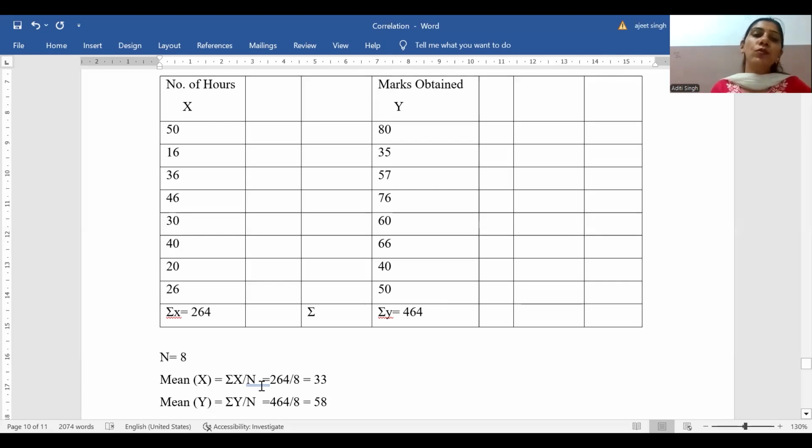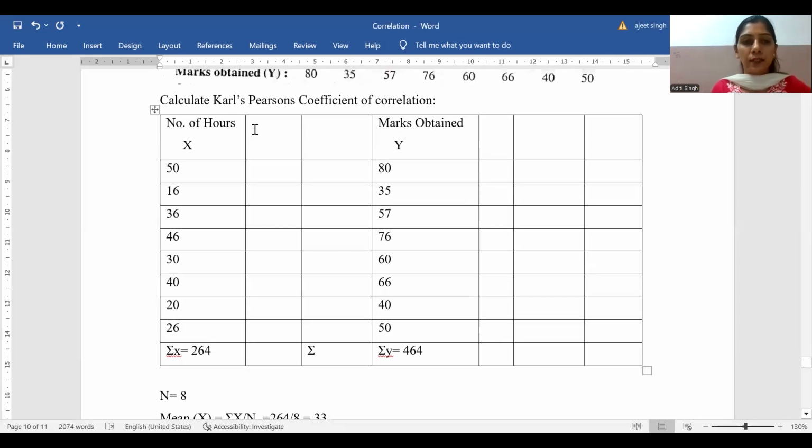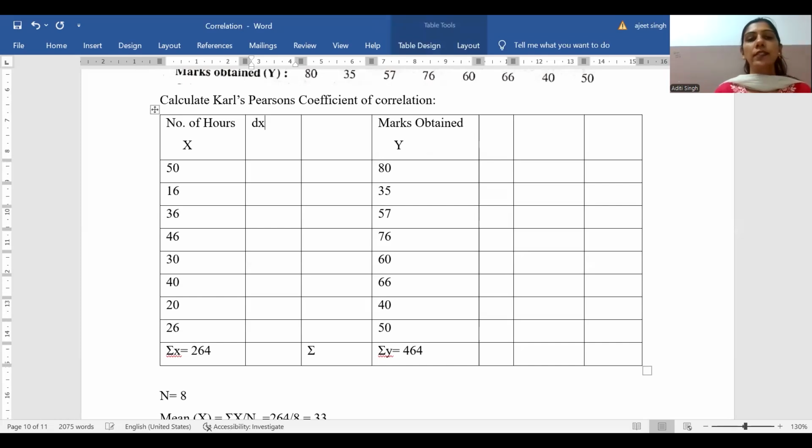Now the next step is to calculate dx. The formula of calculating dx is, let me write it here, x minus x bar, and dy is y minus y bar. This is how we calculate dx and dy.